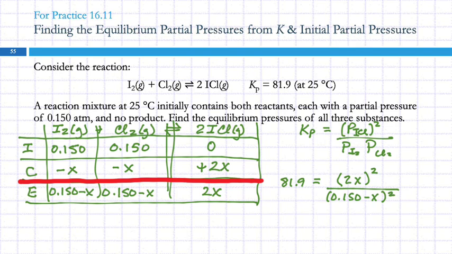So I'm going to go back to my solver, 81.9. On the right, I'll make a fraction. I'll do 2x squared.